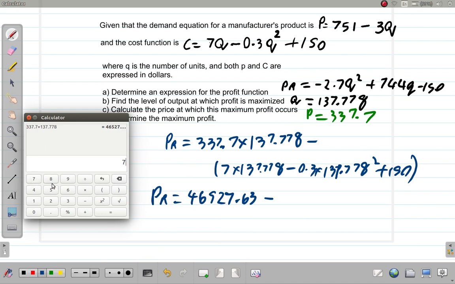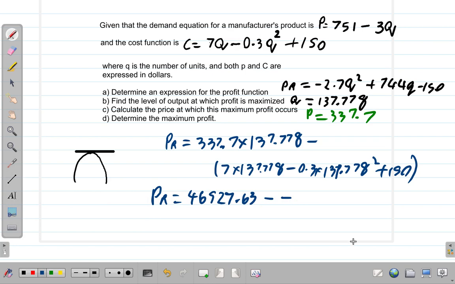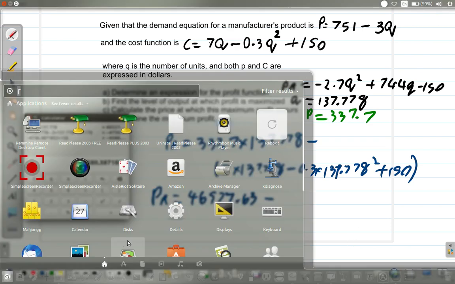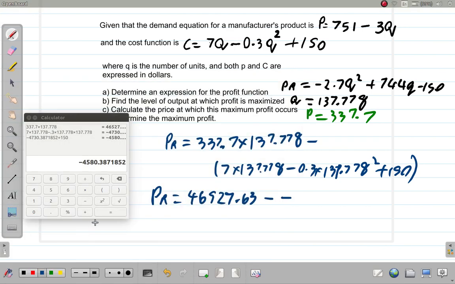We have 7 times 137.778 minus 0.3 times 137.778 squared, plus 150, which equals negative 4580.39.